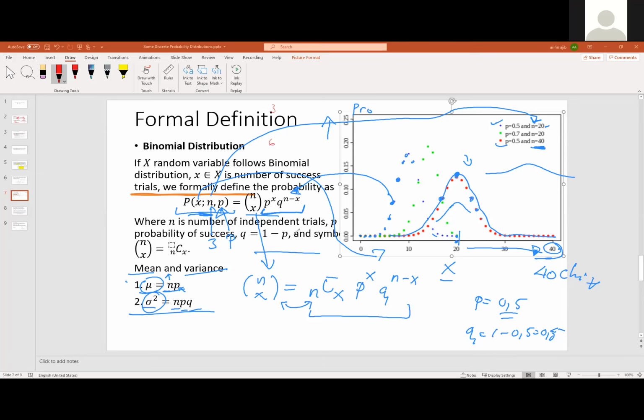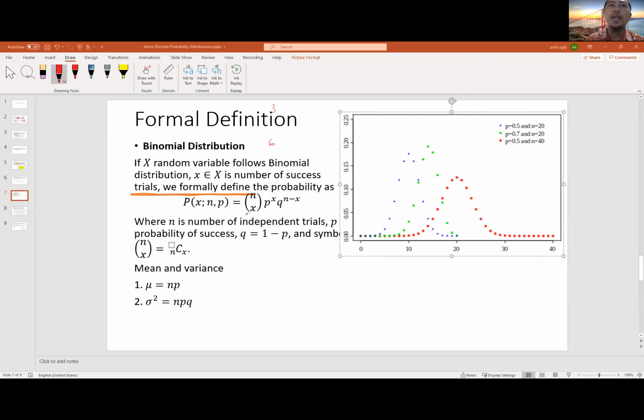Is there a way to count this equation faster? You said binomial table. Okay, yeah. So it's a good question. Is there any way to compute this kind of formula? Okay, very good question.